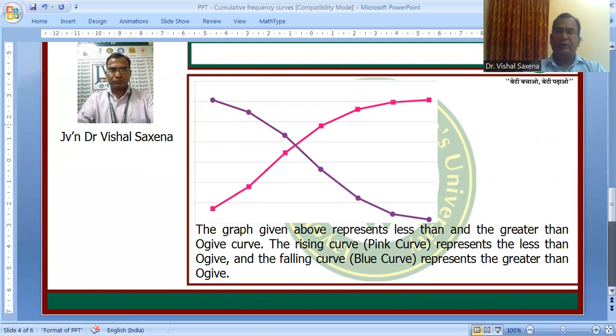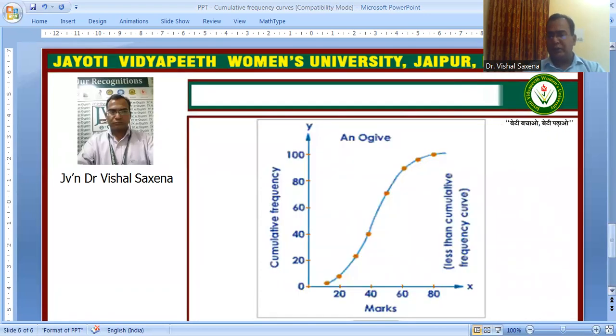In this graph, the Ogive is moving upward, and that's why it is the less than cumulative frequency curve. This is a very important part of our subject.